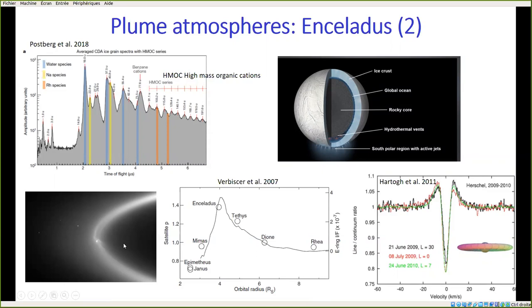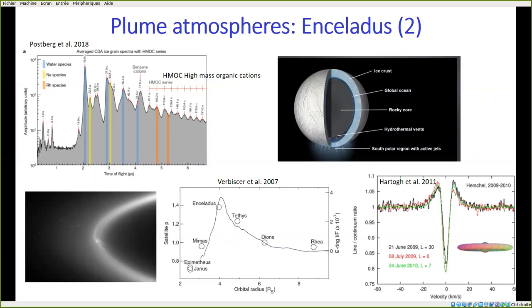And also they coat Saturn's satellites with bright material that is responsible for their high albedo. And the gas that escapes Enceladus forms a neutral torus, which is dominated by water gas. And in favorable geometries, the torus can be observed in absorption against Saturn.